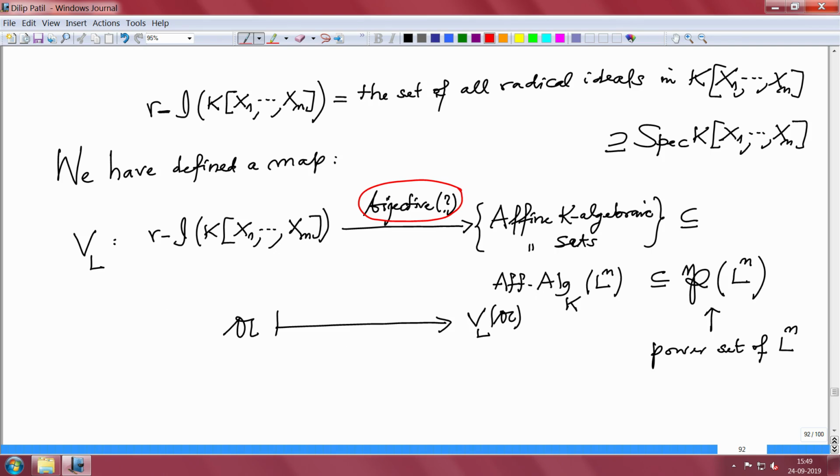Because if you have a bijection, then we can go from here to geometry and we can come back to algebra, and that will become what is known as algebraic geometry. One without the other will be incomplete, in the sense you cannot really study geometry without algebra, and if you study algebra without any geometry, it becomes dry and non-interesting.